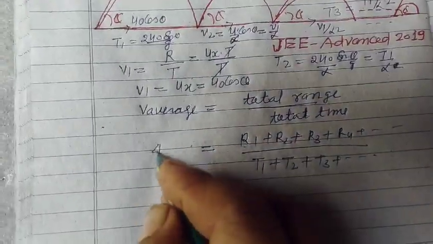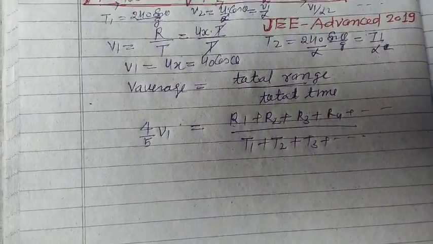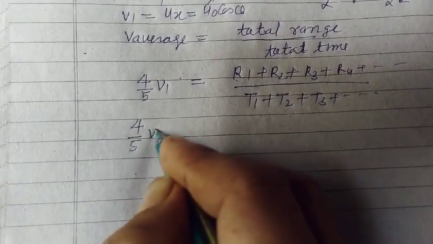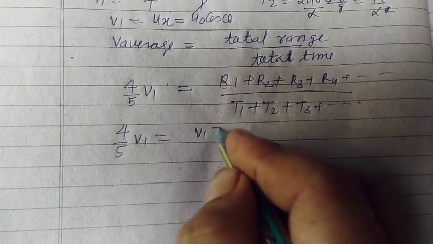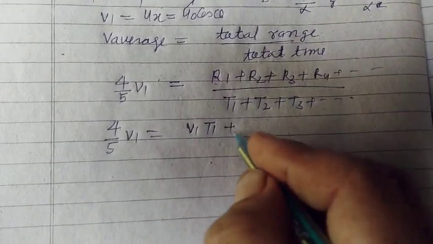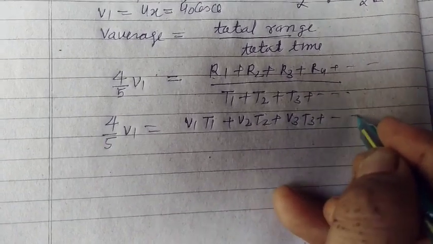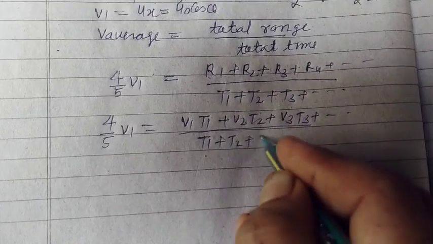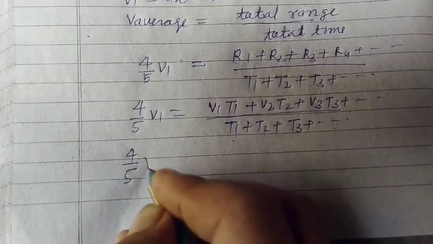So 4 upon 5 v1 is the entire average velocity. 4 upon 5 v1 equals r1, which is v1 into t1, v2 into t2, v3 into t3, and so on, upon t1 plus t2 plus t3, and so on.